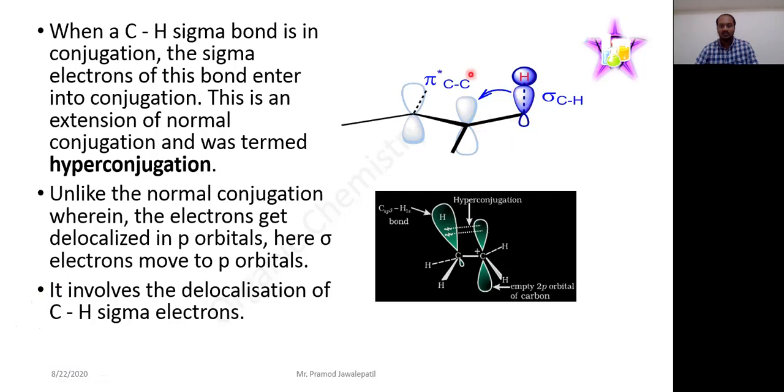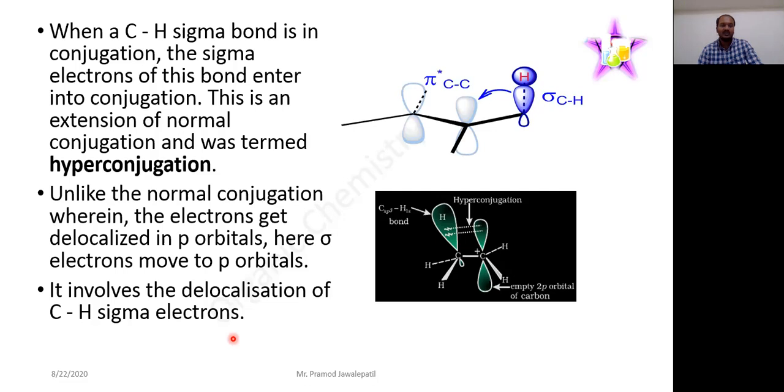Friends, see here, this carbon-hydrogen sigma bond is conjugated with the empty p orbital of carbon. Unlike normal conjugation, wherein the electrons get delocalized in p orbitals, here sigma electrons move to p orbitals.